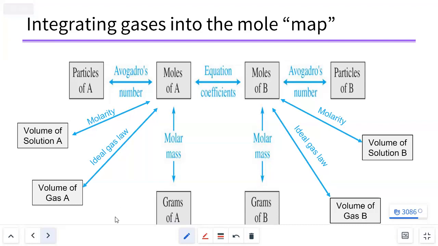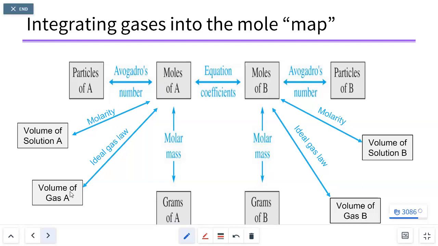All that we've done now is we've added gases to that scheme, where we can use the ideal gas law to equate the volume of a gas in liters to the moles of a gas in moles. And once we have it in moles, then stoichiometry takes over just the way it has all semester.